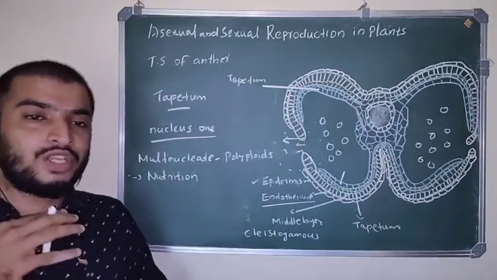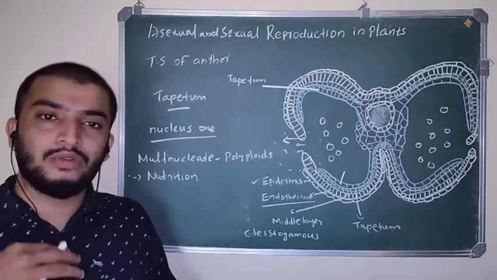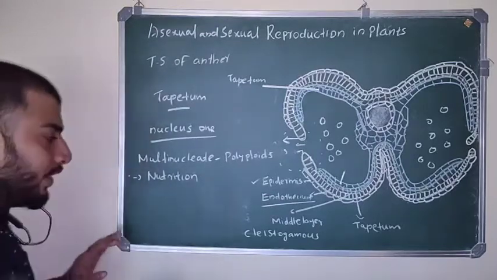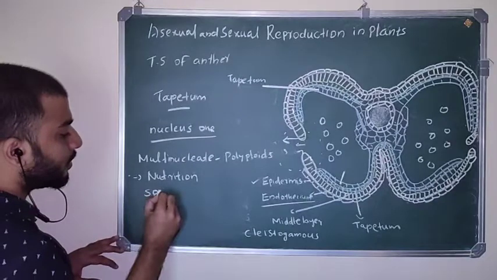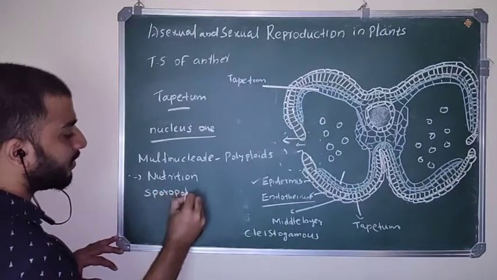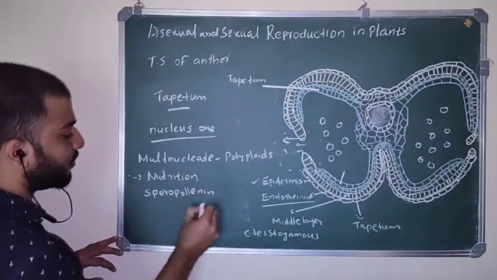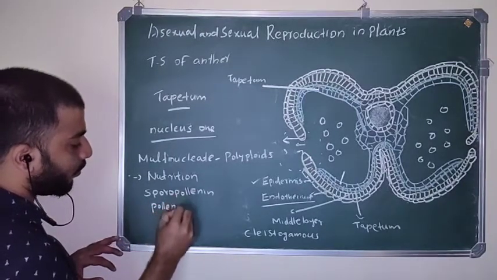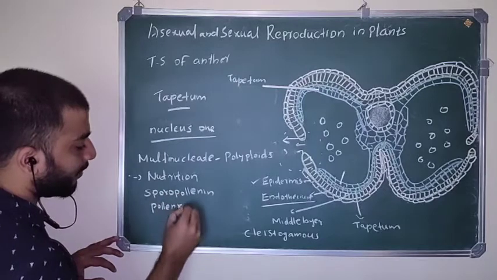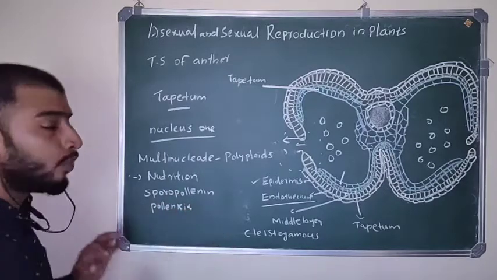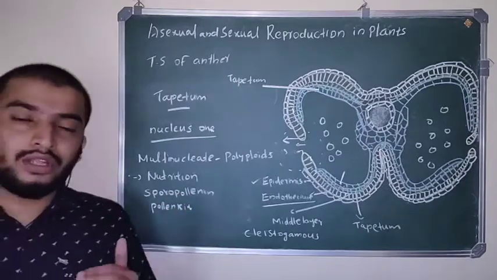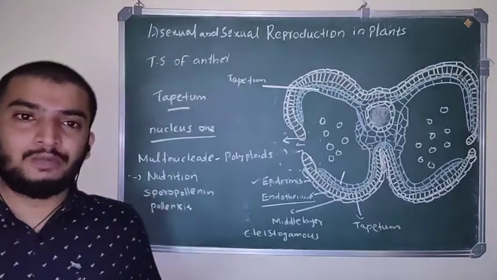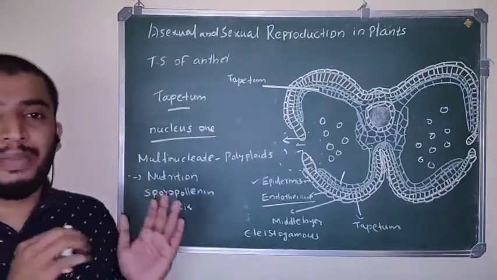So both sporopollenin and pollenkitt are present on the pollen grain. Okay, so their formation takes place with the help of the tapetum cells.